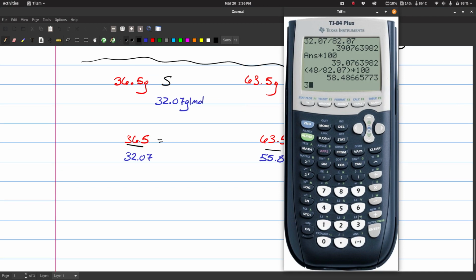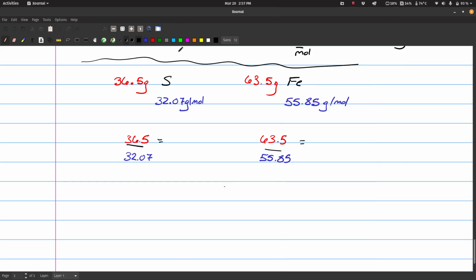So 36.5 divided by 32.07, it's going to be about 1.14. Then we have 63.5 divided by 55.8, and that's also about 1.14. So write those in green. Alright, so normally you divide by the smallest one. Since these are both equal, if I divide by either of them, you're going to divide both by the smallest one.